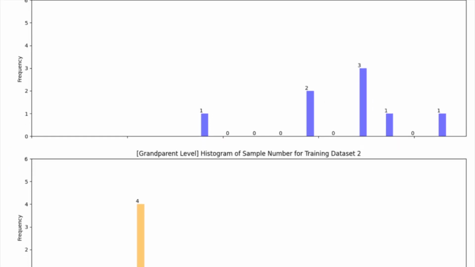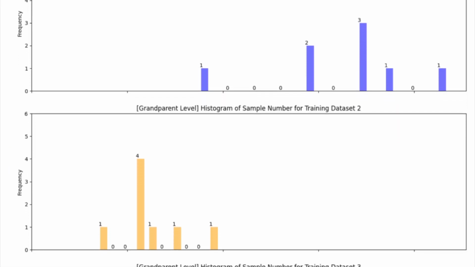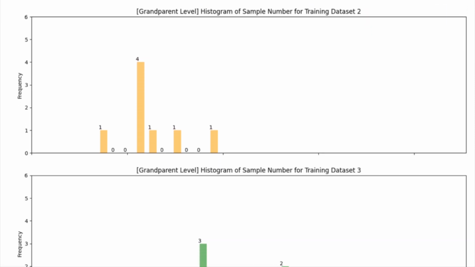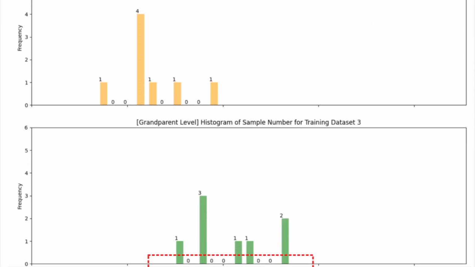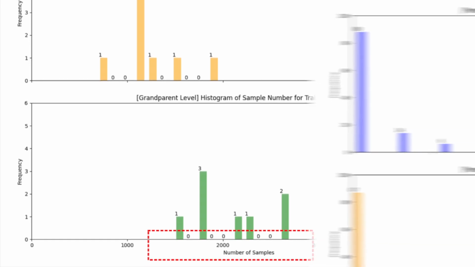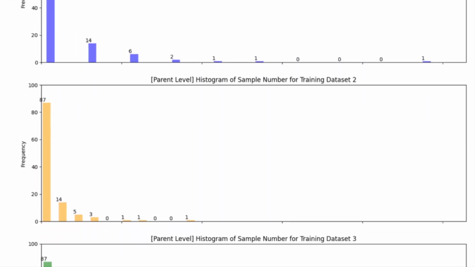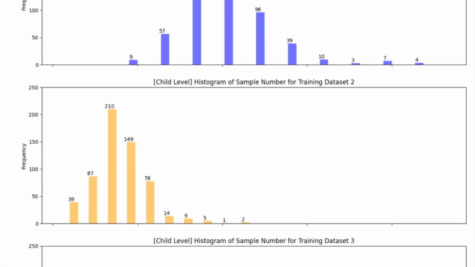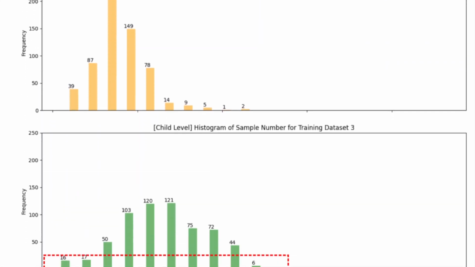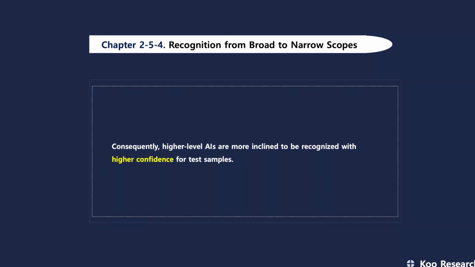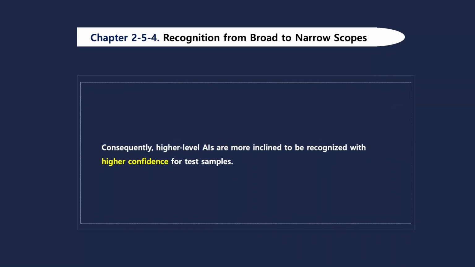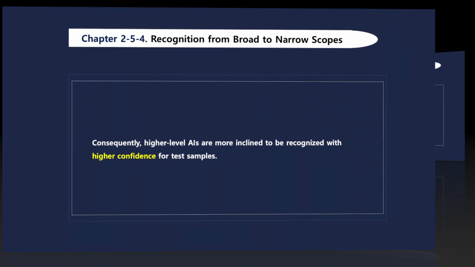For instance, as illustrated in these figures, there are more samples associated with a single label at the grandparent level, over 1,000 samples, followed by the parent level, over 500 samples, and the child level, over 50 samples. Consequently, higher-level AIs are more inclined to be recognized with higher confidence for test samples.